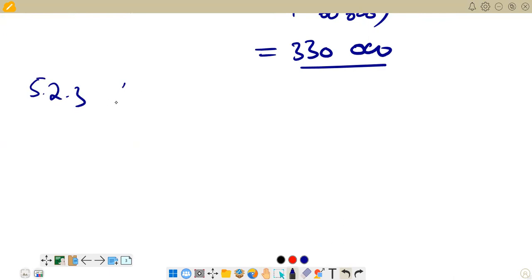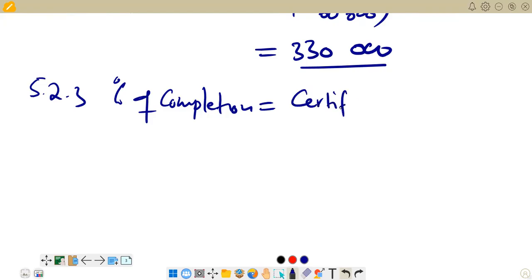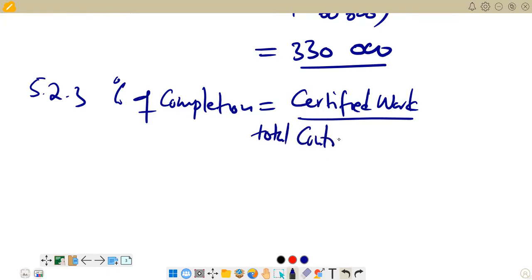And the formula is saying percentage of completion is equal to certified work over total contract price, times 100 over 1.